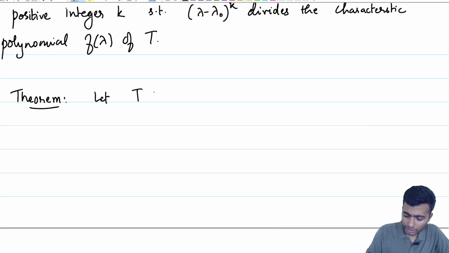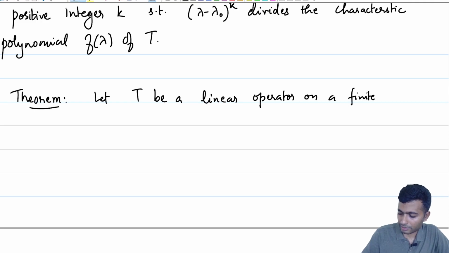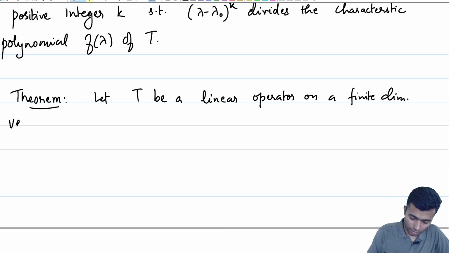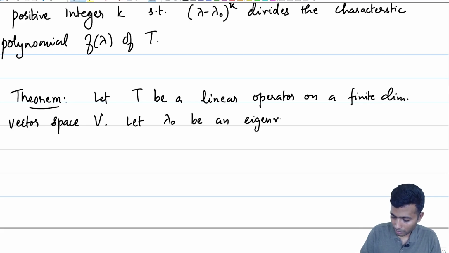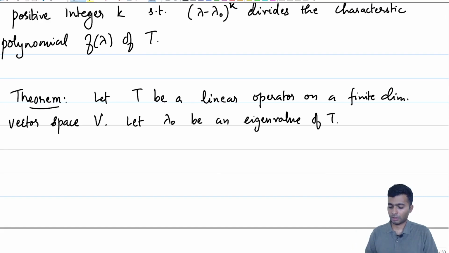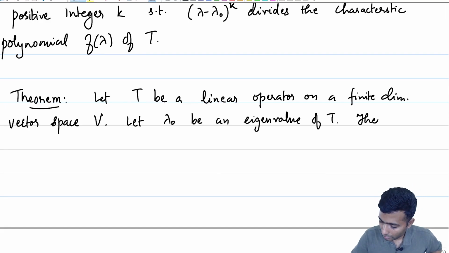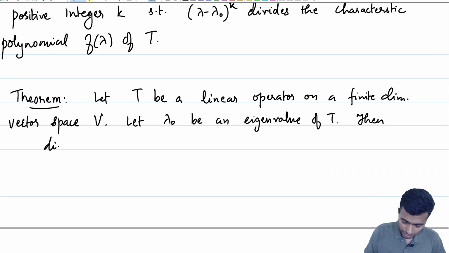So, let T be a linear operator on a finite dimensional vector space V, and let lambda naught be an eigenvalue of T. The theorem tells us that then the dimension of E lambda naught is less than or equal to the multiplicity of lambda naught.